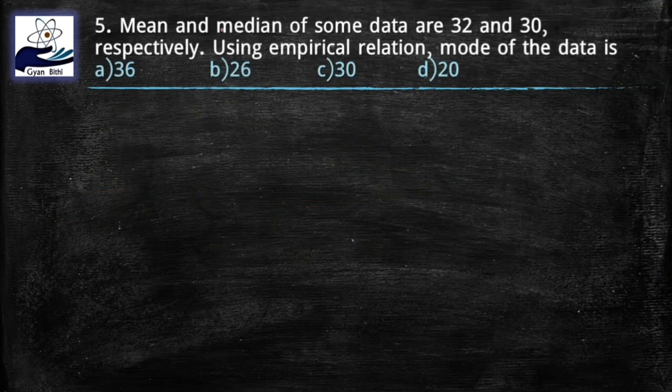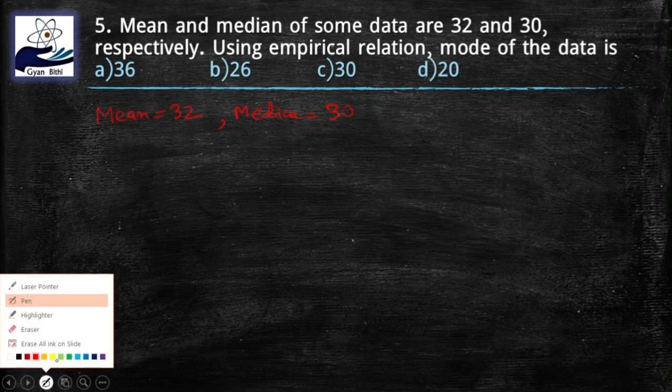Next, the mean and median of the data are given as 32 and 30. So what is given? Mean is 32 and median is 30. Okay, using the empirical relation. So what is that empirical relation?